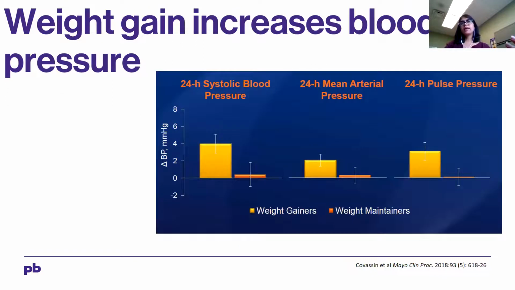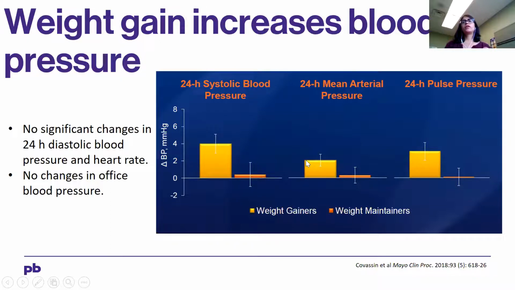We saw a similar thing happening with blood pressure. In weight gain, these are the data in yellow, and the data from weight maintainers is in orange. We see that there was an increase in the systolic blood pressure, the mean arterial blood pressure, and the pulse pressure only in the gainers.